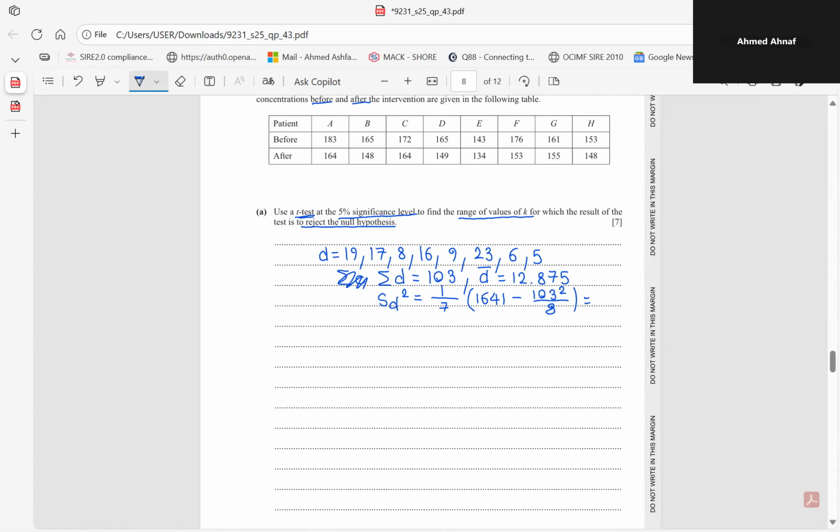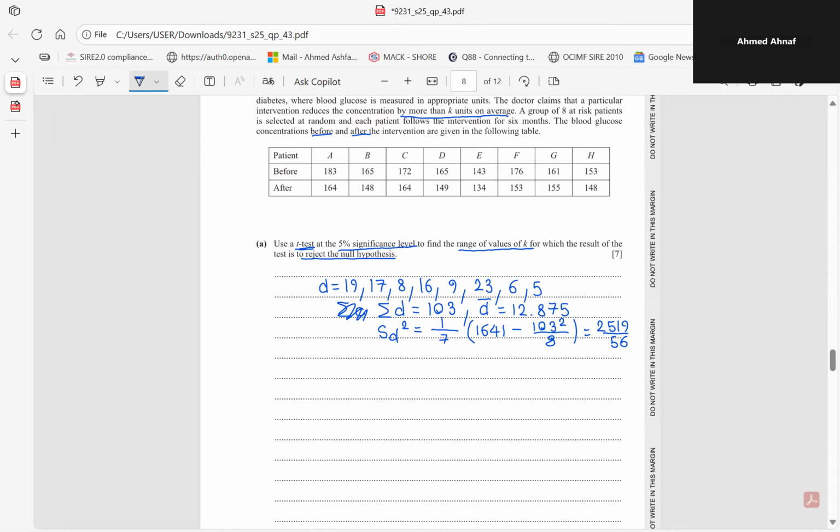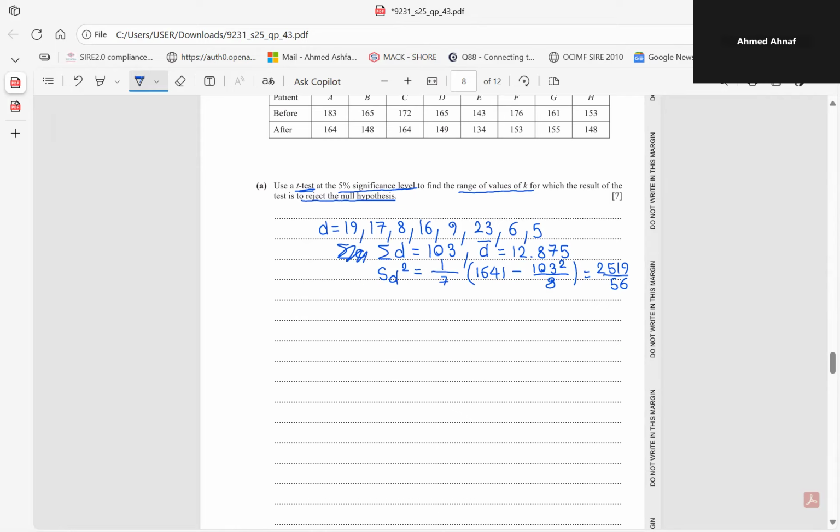Putting all this together, we get 2519 over 56. So this is SD squared, the sample variance.